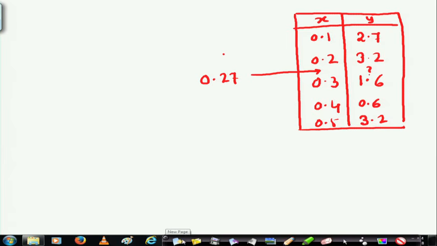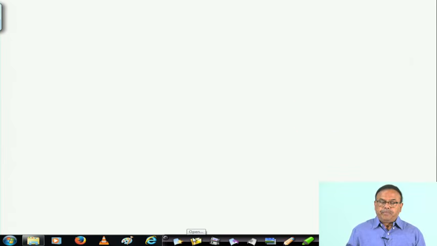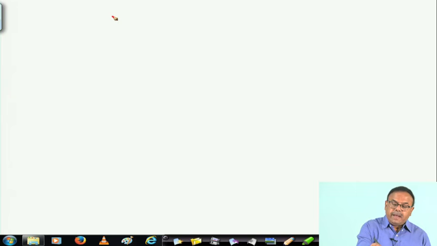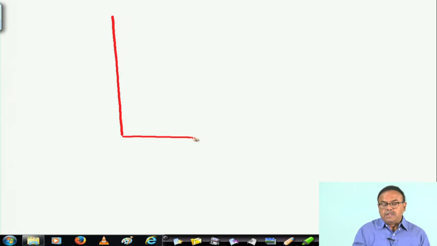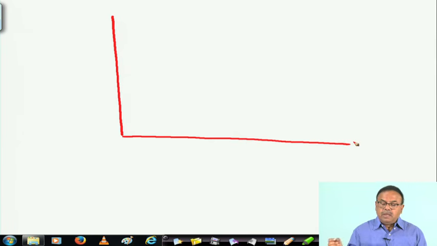Now, obviously, the simplest possible thing is if I can fit in a line, which is known as linear interpolation. So, I have got some points here, and I try to fit in a line in between them.